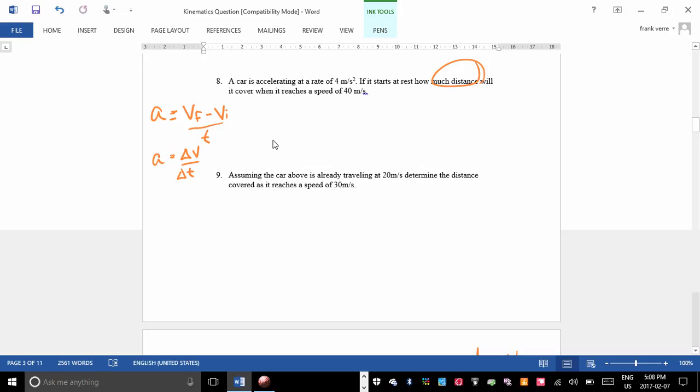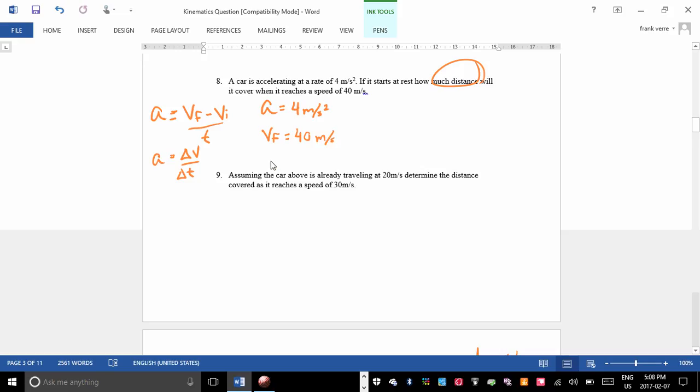So let's take a look at a question like this. You have a car accelerating at a rate of 4 meters per second squared. So we're given a. a equals 4. We're told that the final speed is 40 meters per second.